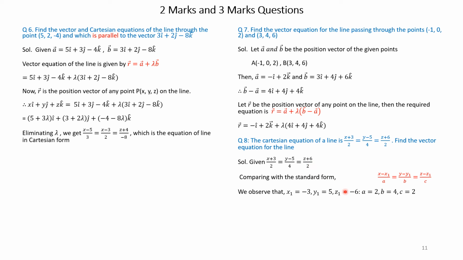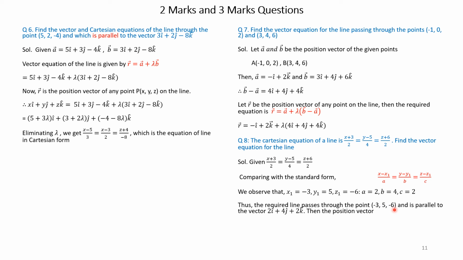Therefore, z1 is equal to minus 6. By comparison, a is equal to 2, b is equal to 4, and c is equal to 2. Therefore, the required line passes through the point minus 3, 5 and minus 6.